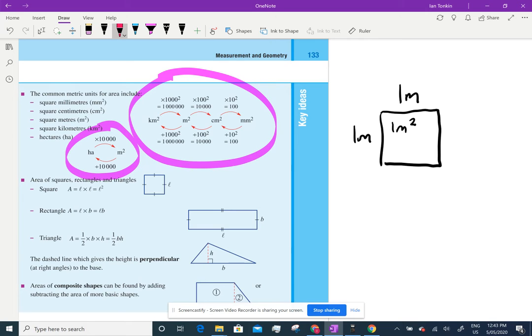But it's also, if I took these two sides, 100 centimetres by 100 centimetres, and 100 by 100 is 10,000 centimetres squared. So a metre squared is 10,000 centimetres squared. And you can see that here, all right? And you can see they've even written 100 squared. So if you want to remember it that way.